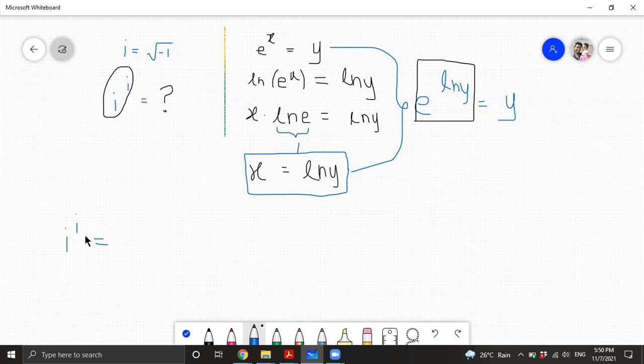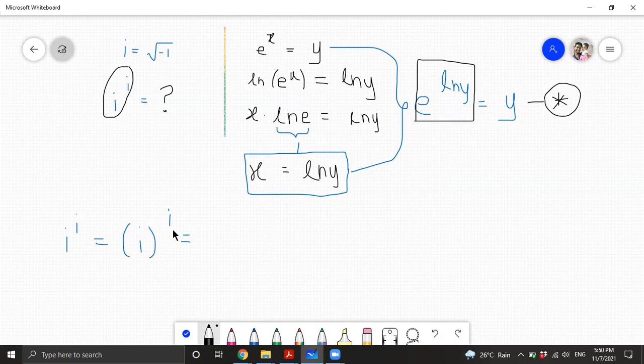So we can write it as i to the power i in brackets. What I'm going to do is plug in the i value using this term, this star. So using this, we are going to apply it into this equation.